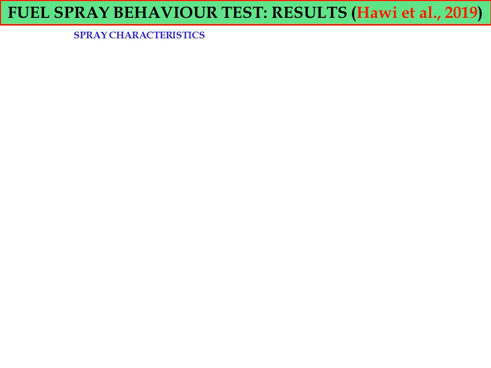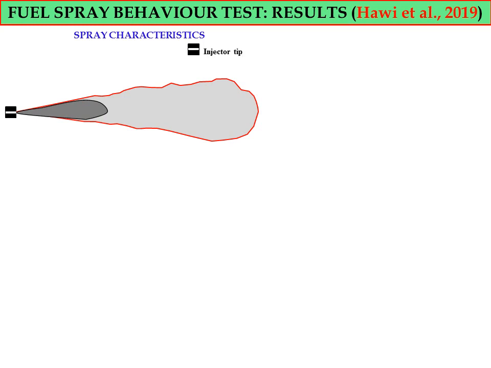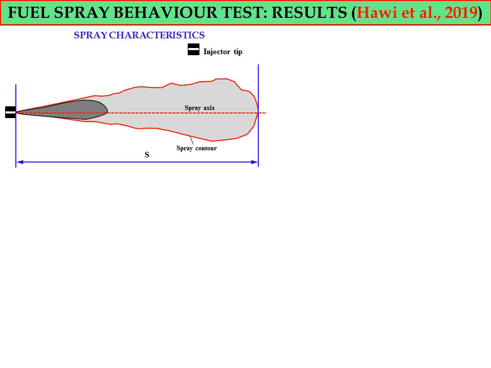let us first look at the parameters for spray characteristics. This figure shows the injector tip, spray axis, and also the spray contour of the fuel.